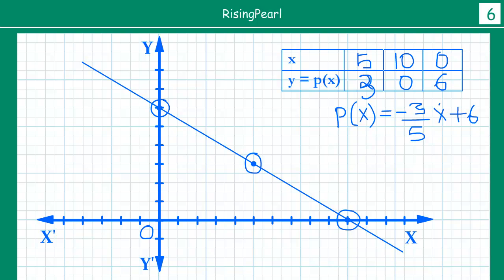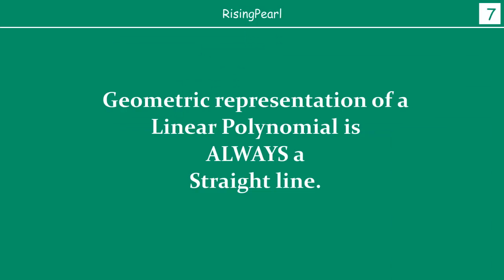So now what you will see is that no matter what kind of linear polynomial you write, whenever you are trying to do a graphical representation of that particular polynomial, you will always get a straight line.